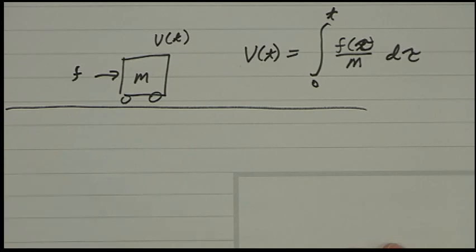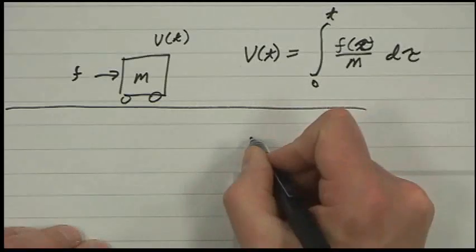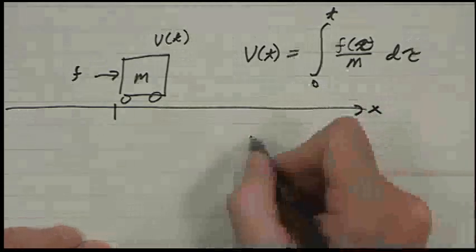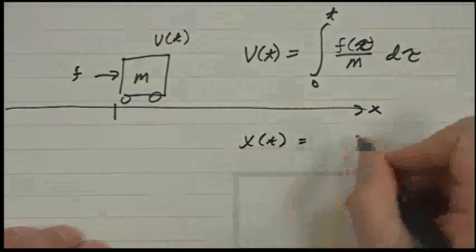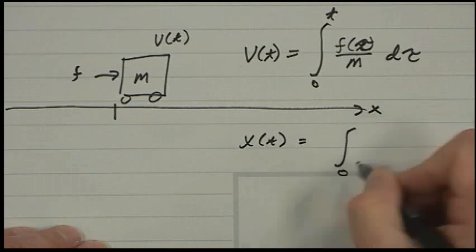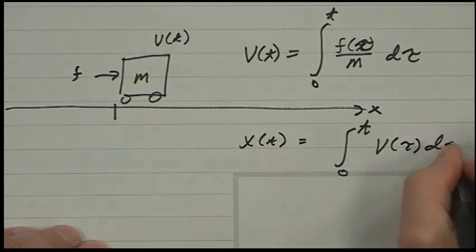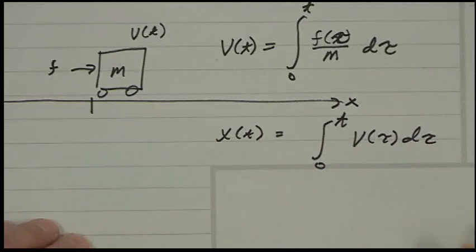Now the position x of t is equal to the integral from 0 to t of the velocity over time, because the derivative of the position with time is the velocity, right?